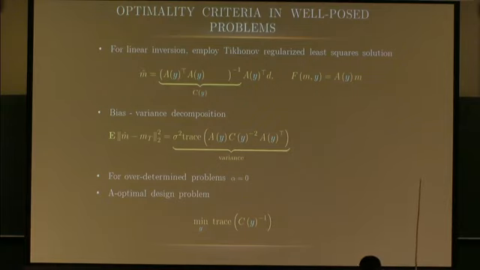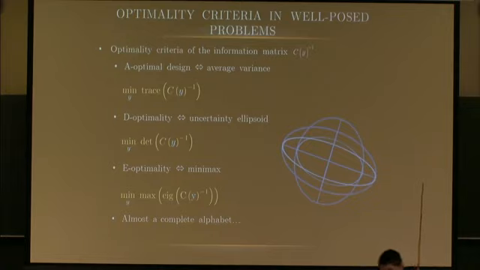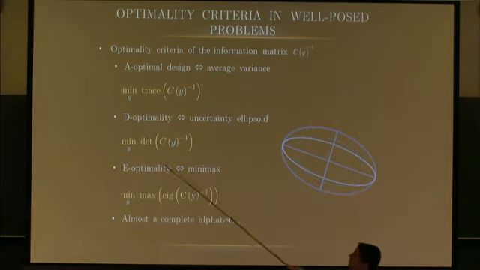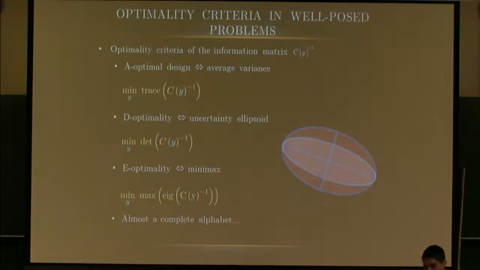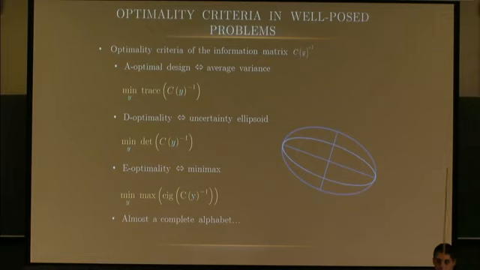Now, you can think about it in a more holistic way. It's called A-optimal because it's average. The trace has a meaning of an algebraic average of the singular values. If you take the same matrix and you take the determinant instead of the trace, you can think about trying to minimize the volume of uncertainty, because the determinant has a meaning of volume.